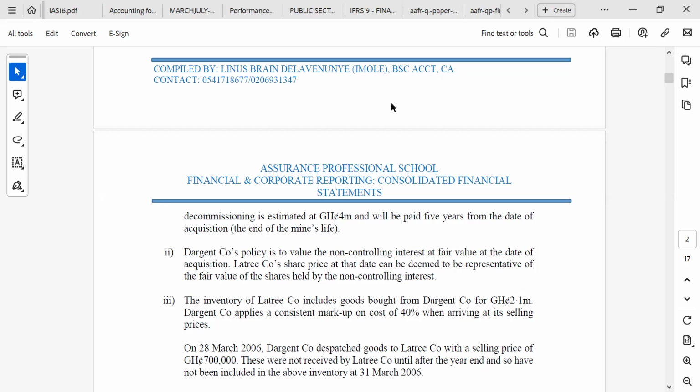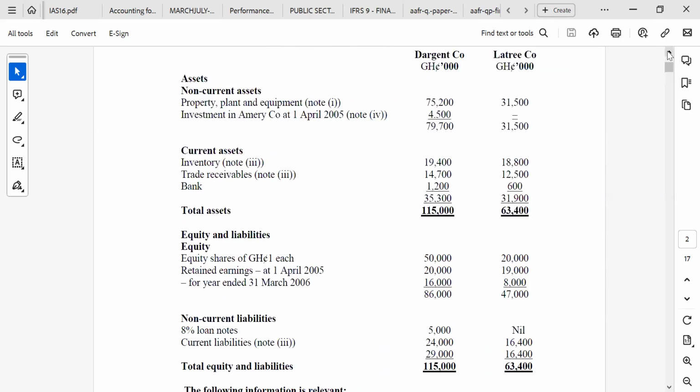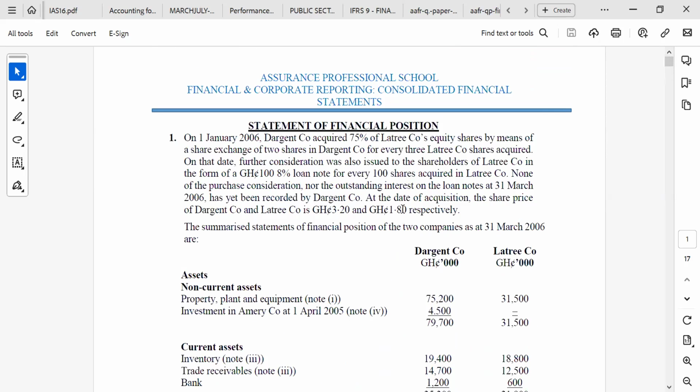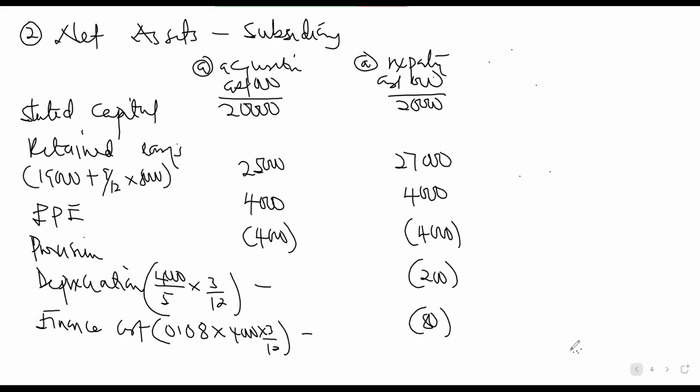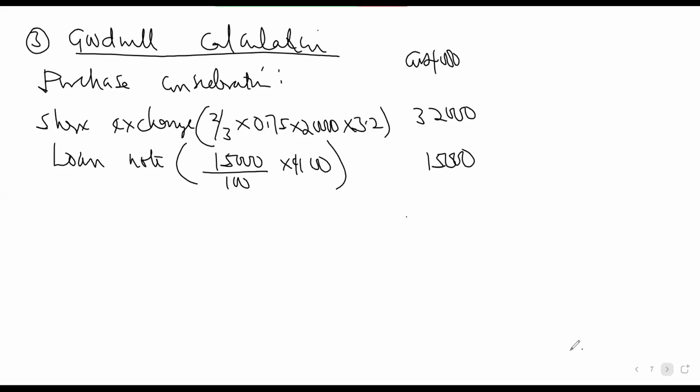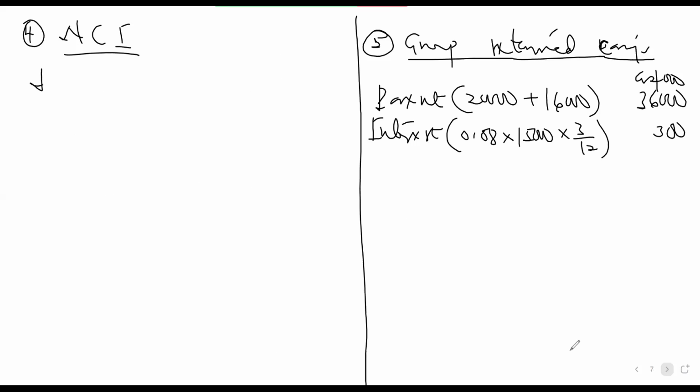So what will be their number of shares? 5,000. Okay. So they are saying that the 5,000 should be valued at the share price of the subsidiary, and their share price is 1.8. So we have the fair value of non-controlling interest.